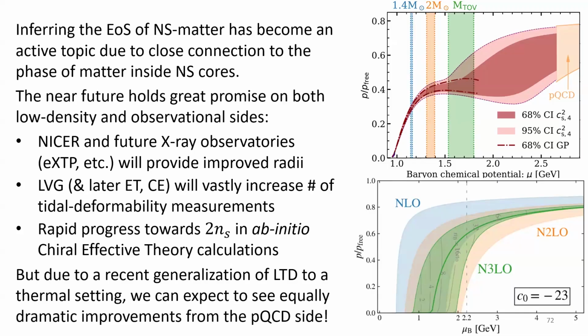This means that the pairing contributions are very strongly suppressed by something like delta squared over mu b squared, where delta is about 50 or 100 MeV at high densities. Basically all the way down to the densities that we have here, say 2.6 GeV for the baryon chemical potential, you would get a sub 1% effect at best from quark pairing.